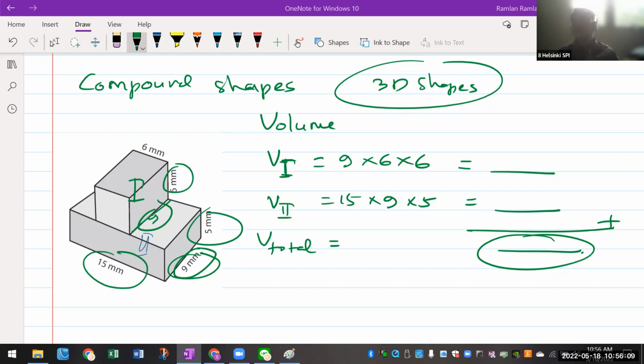That's correct. Rico, remember to write down the unit. Yes, Ken. Yes, Tristan. Tristan, don't forget, because this is a volume, so the unit should be to the power of 3.